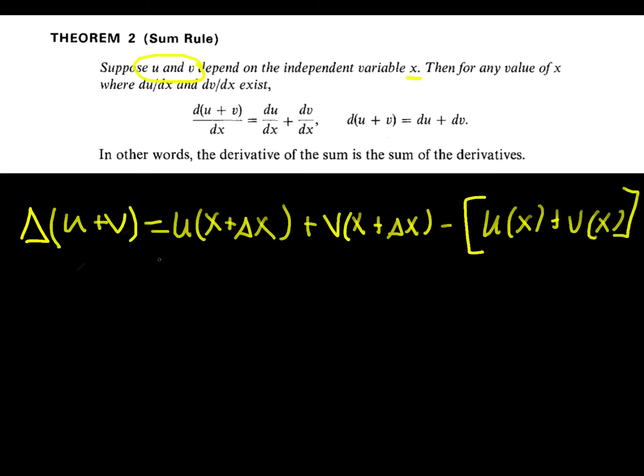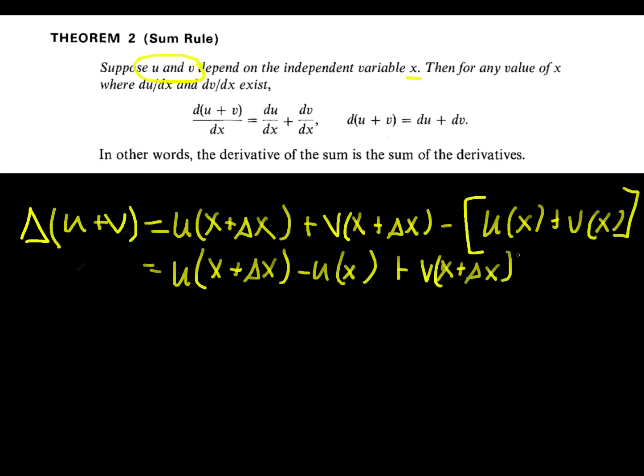And grouping these together, this is u of x plus delta x minus u of x plus v of x plus delta x minus v of x. And notice this is just my change in u. And this is my change in v.